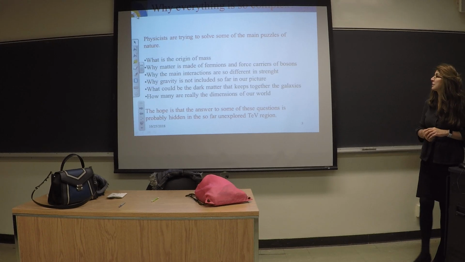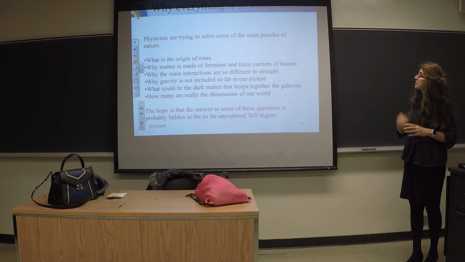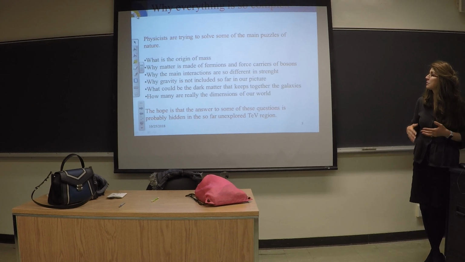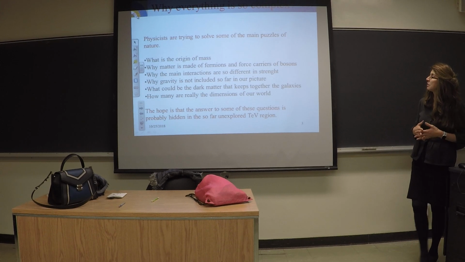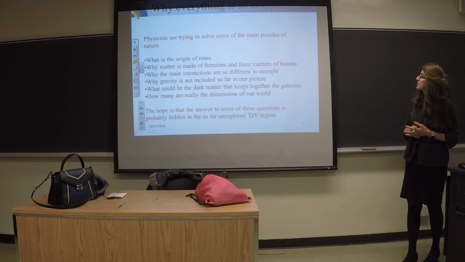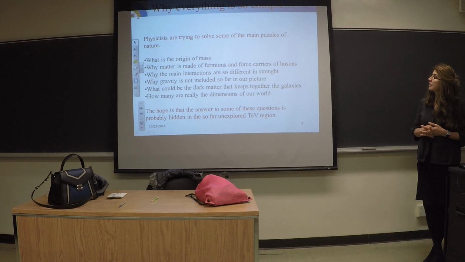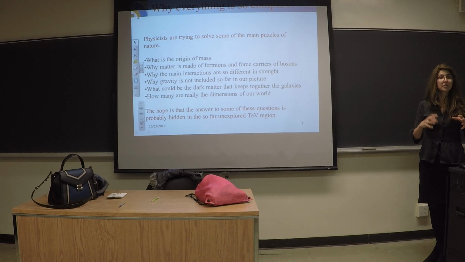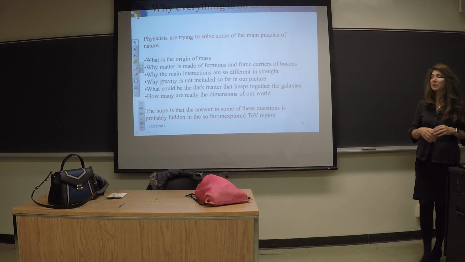Like I discussed in the first lecture, we keep finding particles and measuring their masses, but we don't understand why the hierarchy is the way it is. Why matter is made of fermions and forces are carried by bosons, why the main interactions are so different and of different strengths. Gravity is not included in the big picture of the theory yet.